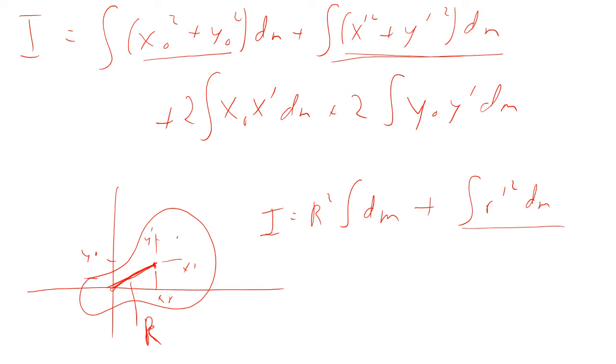Now, what about the other two integrals? So we have 2 integral x naught x prime dm. So x naught comes out of the integral. And so what we have is the x coordinate of the center of mass in center of mass coordinates. Well, what's the x coordinate of the center of mass if you put your origin in the center of mass? 0.